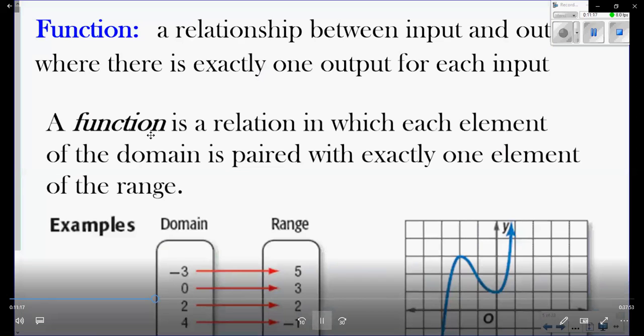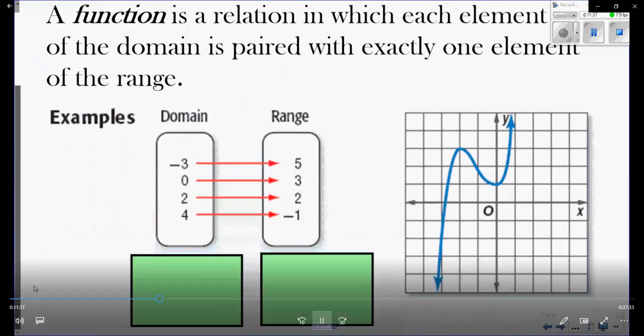Before we get further into functions, we need to know what a function is. A function is a relationship between input and output where there is exactly one output for each input. A function is a relation in which each element of the domain is paired with exactly one element of the range.